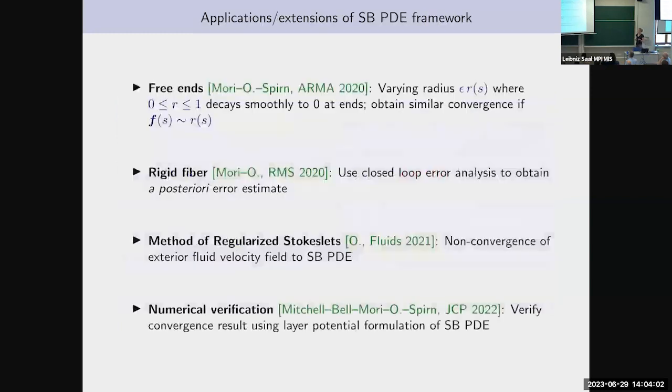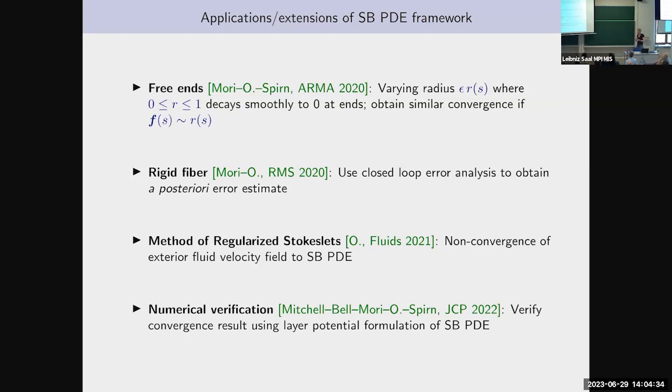Okay. So there are a lot of natural questions to be answered about other scenarios. So in particular, a similar error estimate can be shown in the case of free ends, where now you have to have fiber radius that varies along the length of the filament. In particular, it has to go to 0 at the endpoints. And you can obtain a similar error estimate as long as your force decays smoothly to 0 at the endpoints at the same rate as your radius.